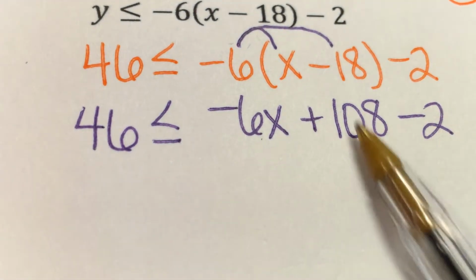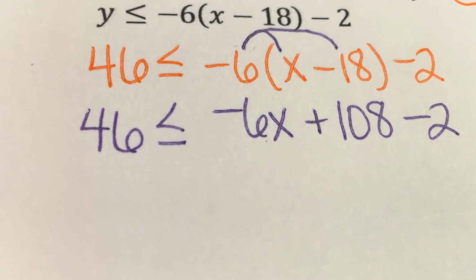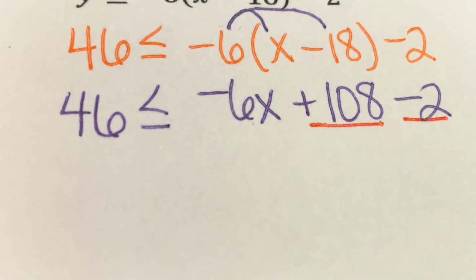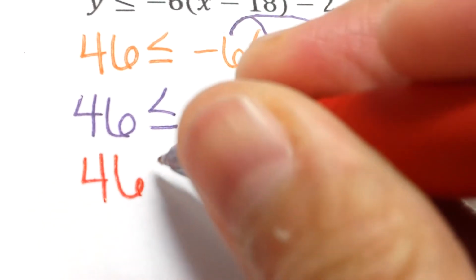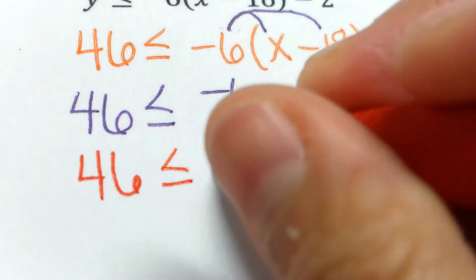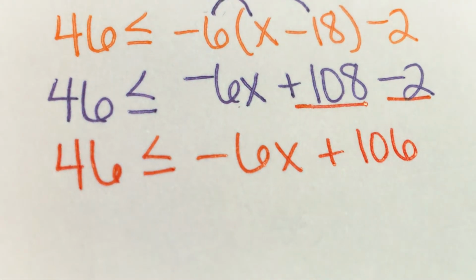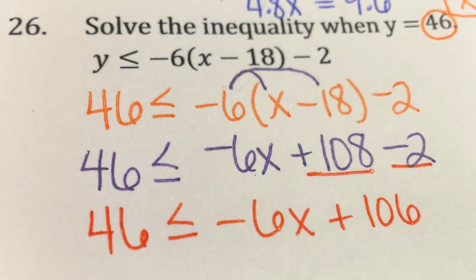We combine like terms on this side because we have numbers that are like terms, so we're going to combine those. It ends up being 106. So I have 46 is less than or equal to negative 6x plus 106. Okay.